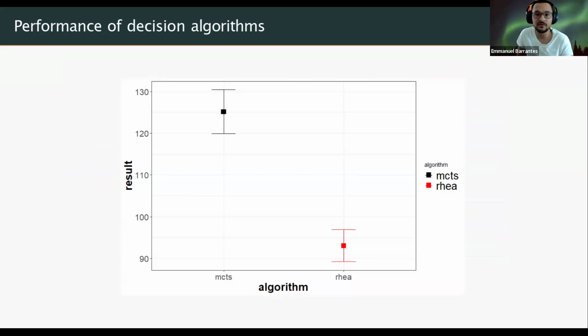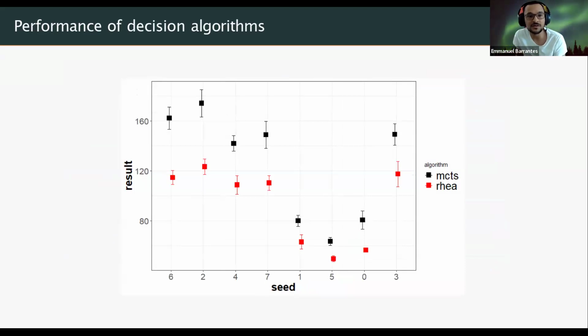The figure shows the average time that it took for the agents based on the algorithms. As we can see, the RHEA, rolling horizon, was better than the MCTS. Here, the average time, but based on the seats.